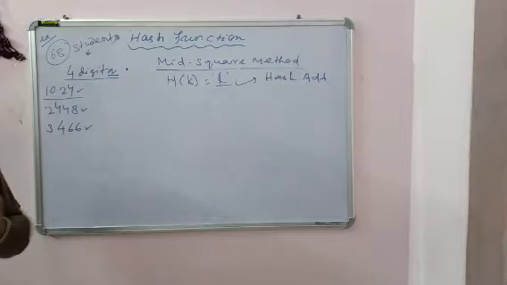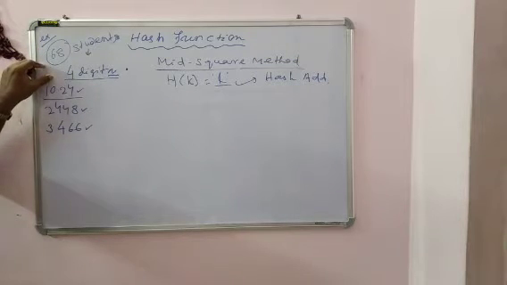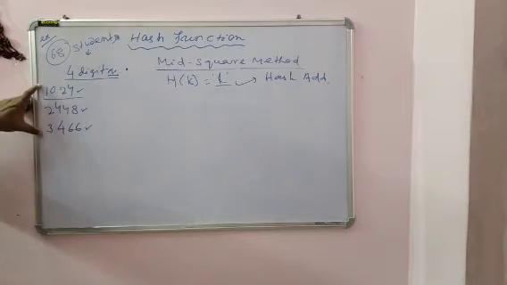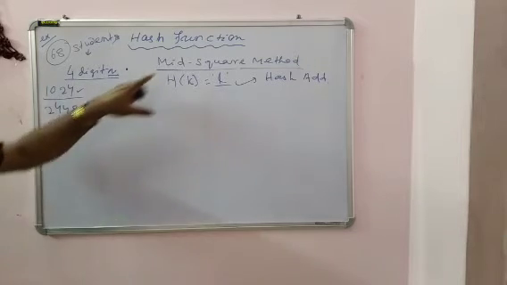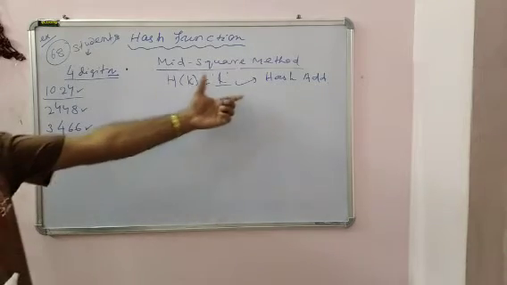Okay, I can use the same example. Suppose there are 48 students, and each student is allocated a 4-digit roll number, and we are finding the memory address for student roll numbers 1024, 2448 and 3466 by using the mid square method. First we will find k square.